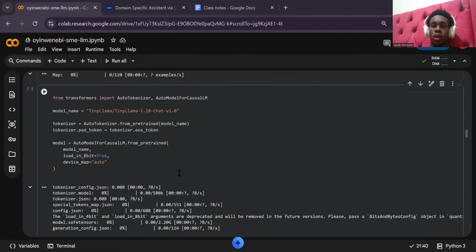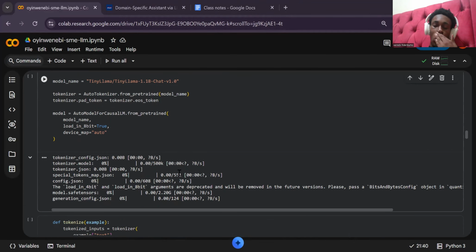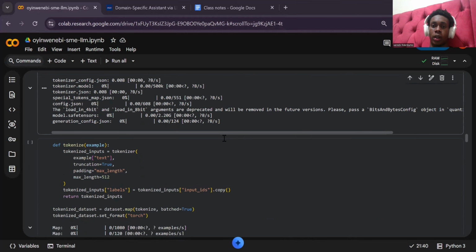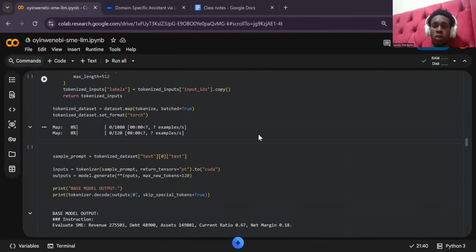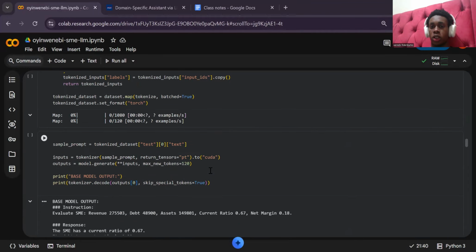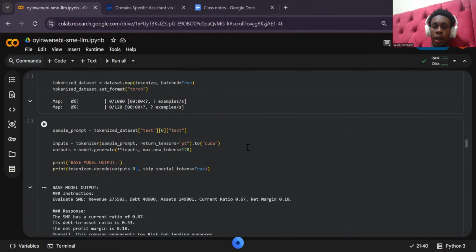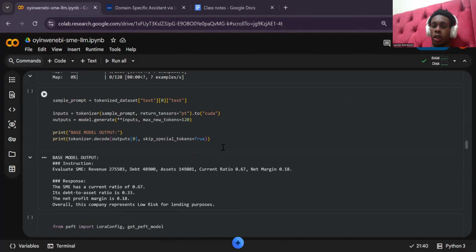I fine-tuned a pre-trained transformer-based large language model. This process includes tokenization of instruction-response pairs, formatting prompts into structured financial evaluations, using Hugging Face's Trainer API, and configuring training arguments such as learning rate, epochs, and batch size.